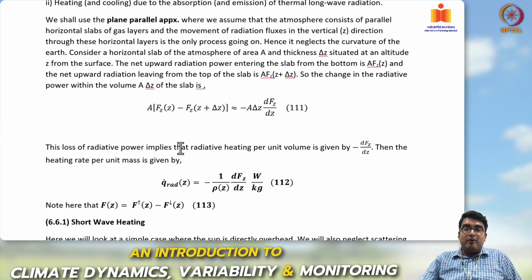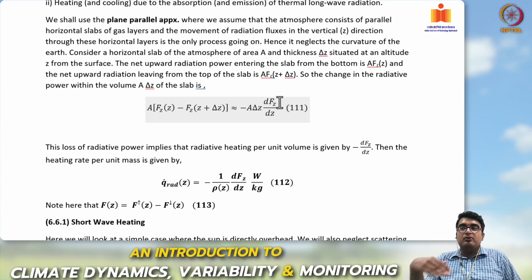This loss of radiative power implies that radiative heating per unit volume is given by minus dFz/dz. This is volume into the change in flux, and this value is equal to minus dE/dt basically. So the net change in the radiative flux equals the change in the energy per unit time within this volume. So radiative heating per unit volume is the change in energy divided by the volume, which is equal to minus dFz/dz.